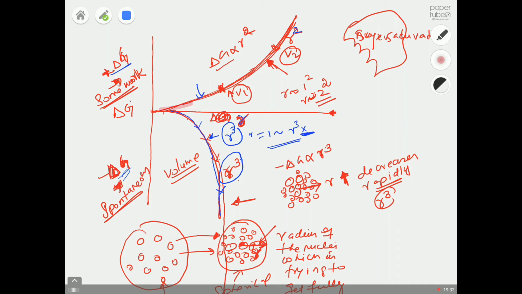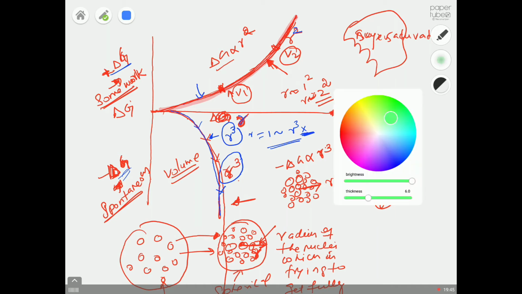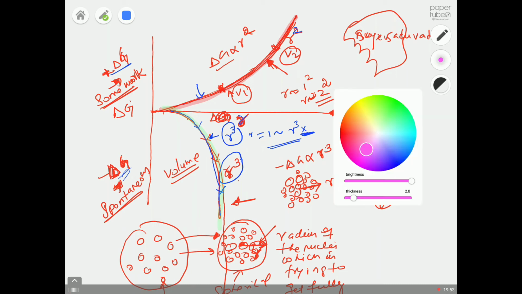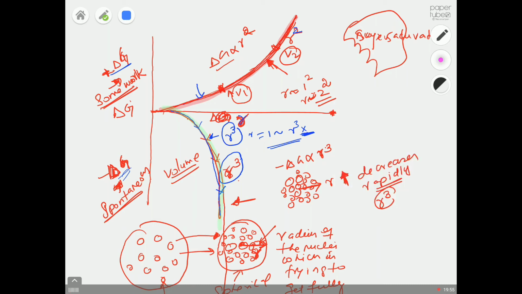You have to sum this surface line and then your volume line. Let me change the color. If you sum both of these, you will get something like this.